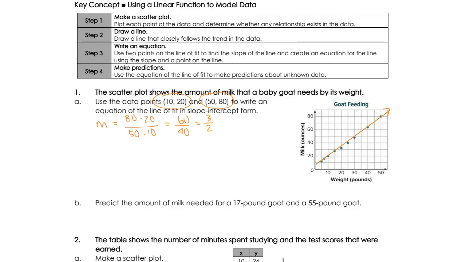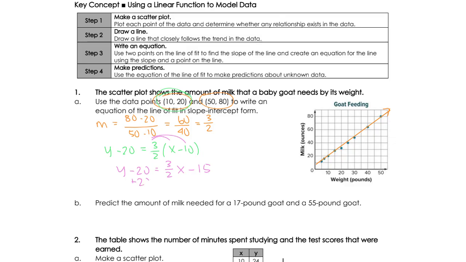So then I'm going to take one of the ordered pairs. I'm going to go ahead and go with the smaller numbers there. So y minus 20, put it in point slope form, equals 3/2 times x minus 10, and then start converting to slope intercept form. So distribute first, y minus 20 equals 3/2 x. 3 times negative 10 would give us negative 30, divided by 2 would be negative 15.